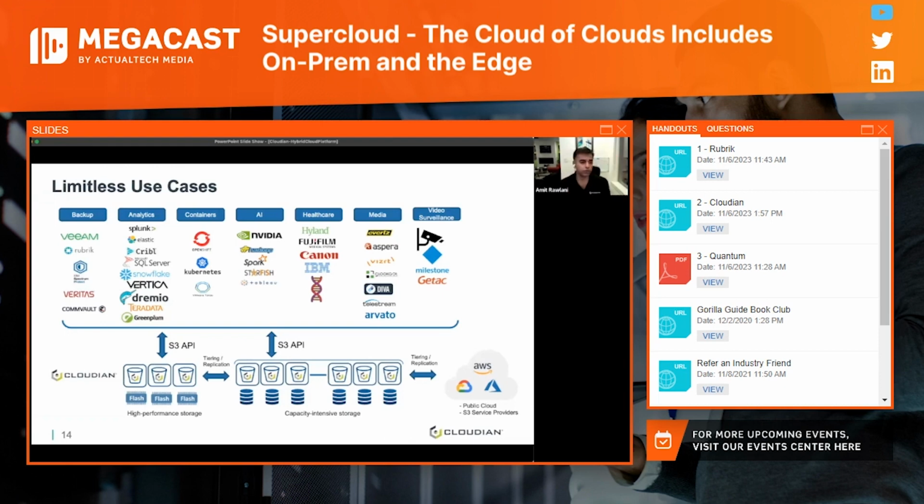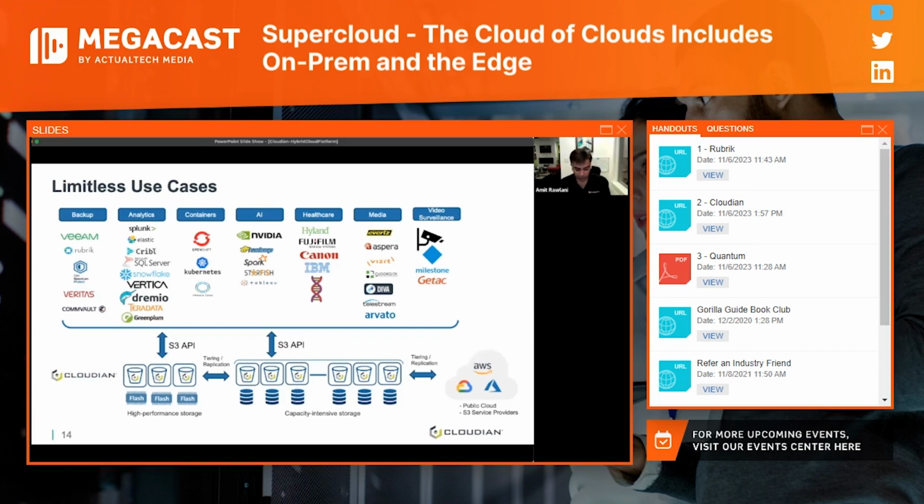The list goes on in terms of the application vendors that are starting to realize and support more S3 on premises. And then from a DevOps perspective, we work with Kubernetes-based distributions, whether it's OpenShift, Tanzu.